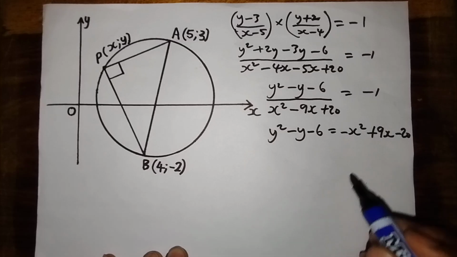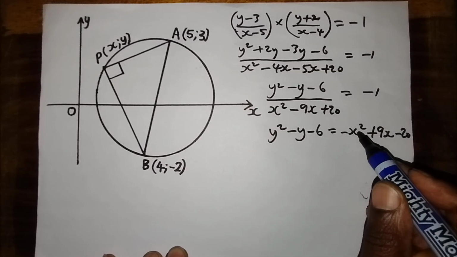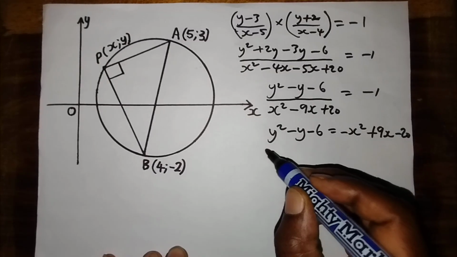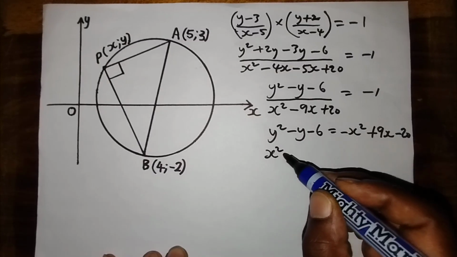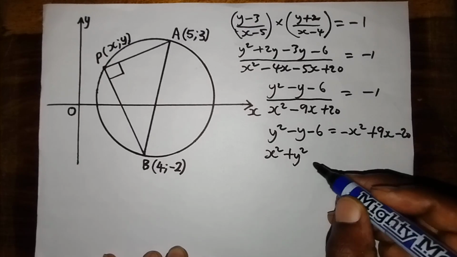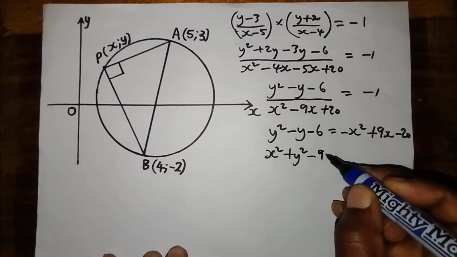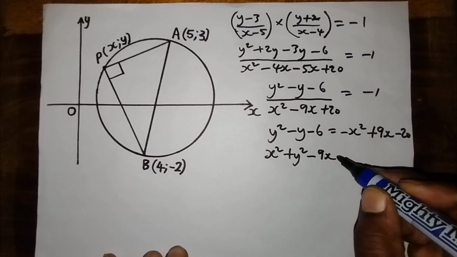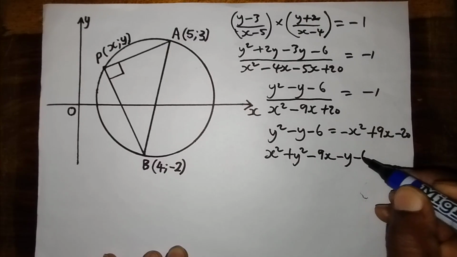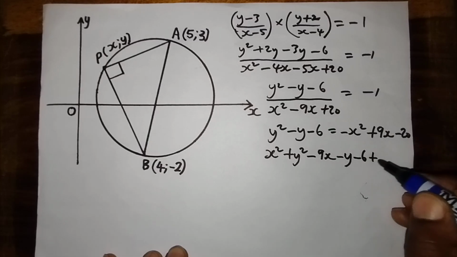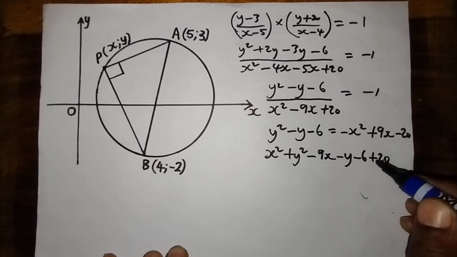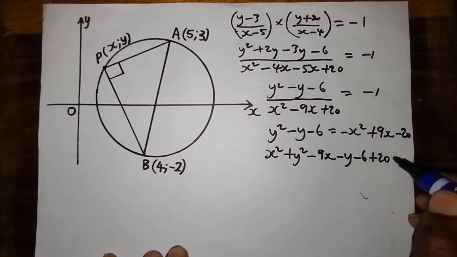This one, when you switch to the left, changes sign and becomes positive. So I will have x squared plus this y squared. This one becomes minus 9x, followed by this minus y. Then minus 6 plus 20, because 20, when you take it to the left hand side, changes sign and becomes positive, equals 0.